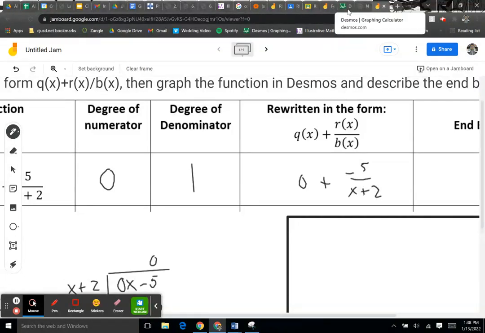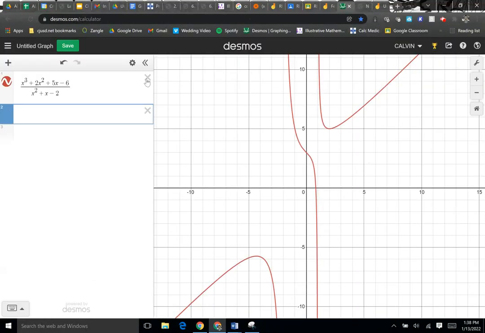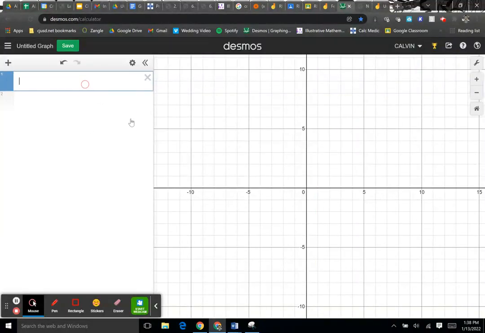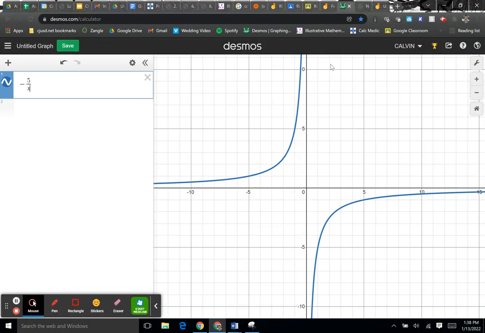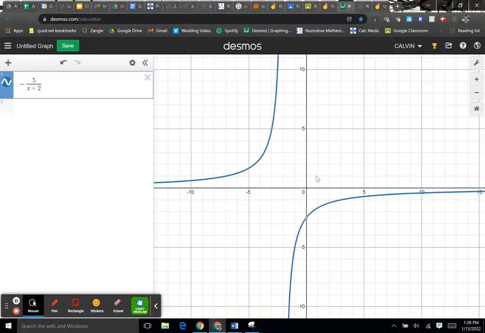So now next what I want us to do is graph this in Desmos. Let me delete this random one I had from a while ago. All right, so if we graph the original function, negative 5 divided by x plus 2, it ends up looking like this.